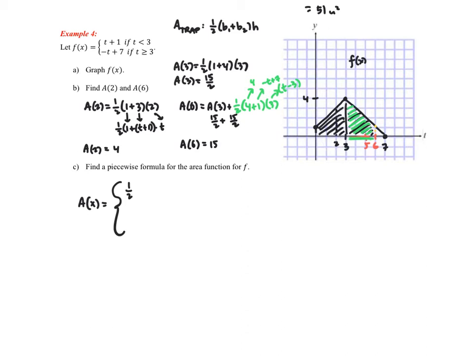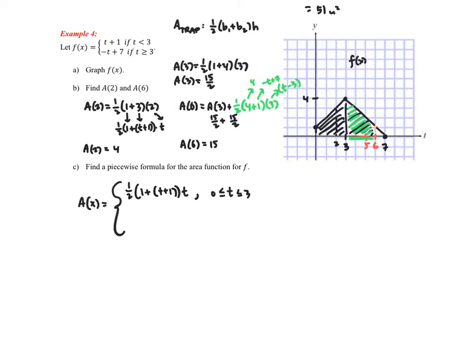So base 1 and base 2 will always be 1 and t plus 1. And the height of the trapezoid will always be the t value. So let's isolate this. This is 1. The other base will be t plus 1, and the height between the two bases will always be t on that first interval. And that is always good for t between 0 and 3.